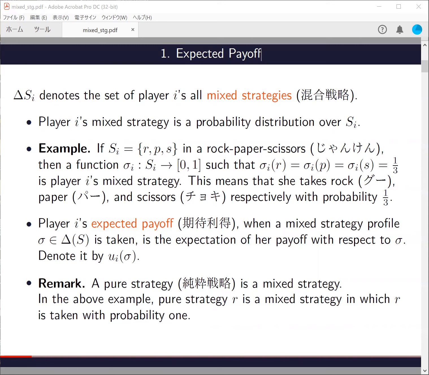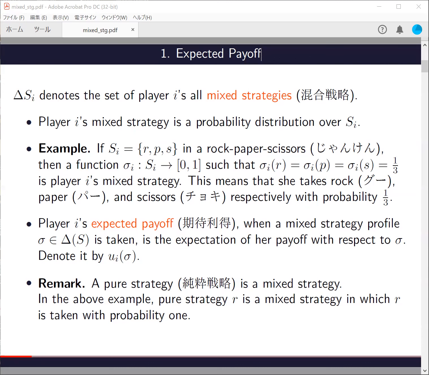First, we let delta Si here denote the set of player I's all mixed strategies. Then we can represent player I's mixed strategy as a probability distribution over the set of strategies Si. For example, consider rock, paper, scissors, in which the set of strategies consists of 3 pure strategies: rock, paper, and scissors.